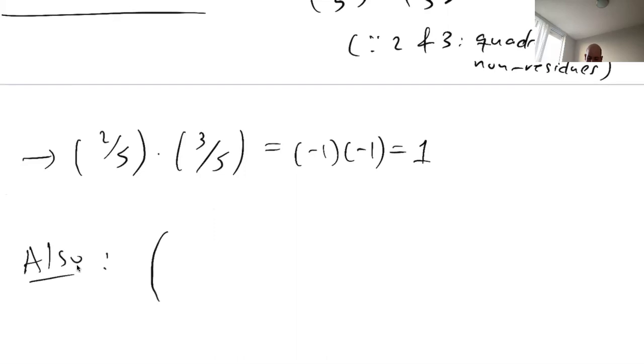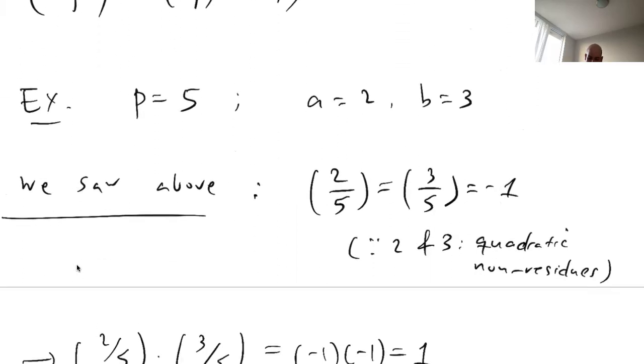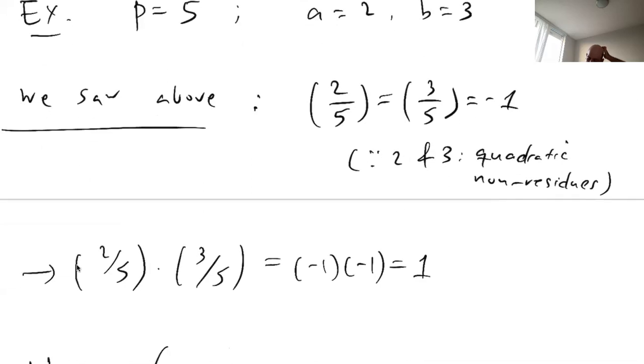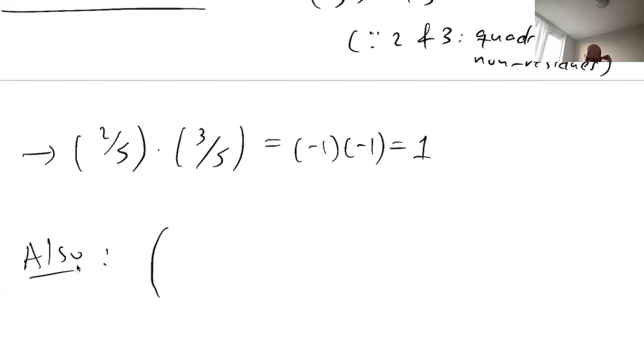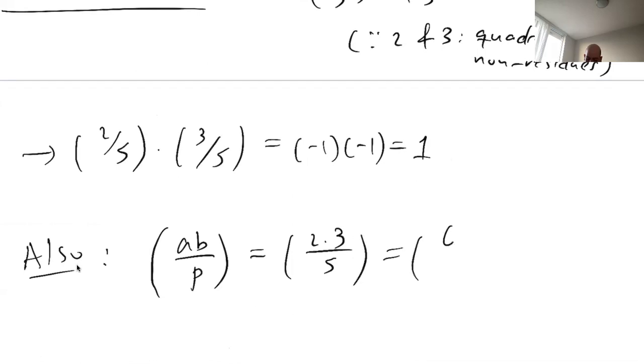Also, my A here is 2, B is 3. A over P times B over P will be -1 times -1, which is 1. What about AB over P? 2 times 3 over 5, so that's 6/5. But what is 6? 6 is the same as 1, right?